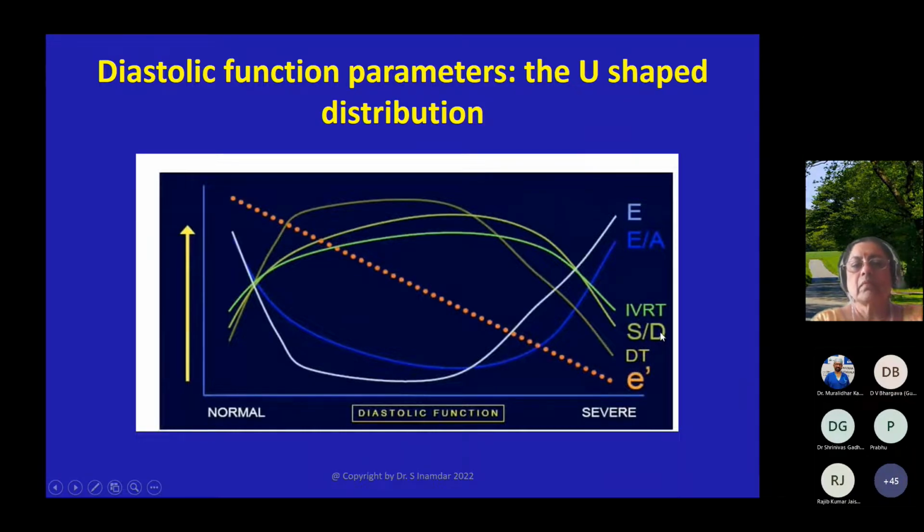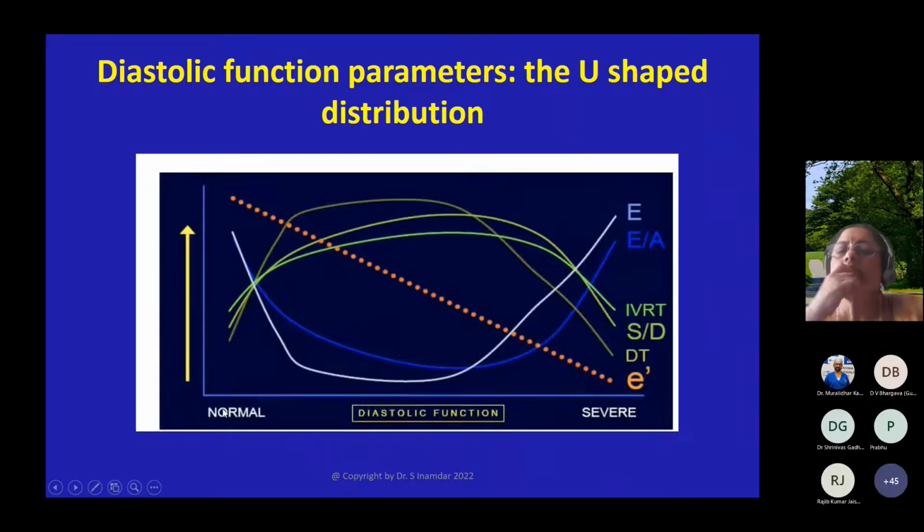Again, the S and D ratio: sometimes in a normal patient S is less than D, and S is less than D in the pulmonary vein in severe patients. This is the typical U-shaped distribution. So how do you differentiate?